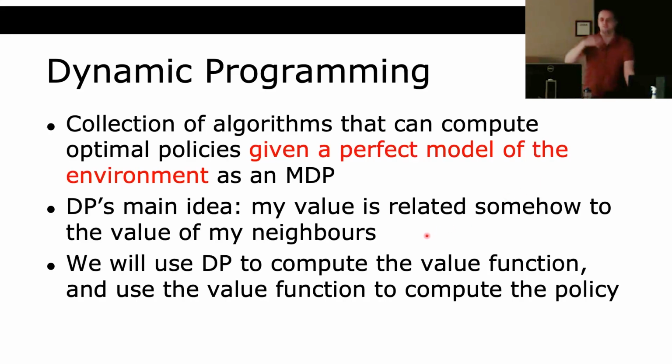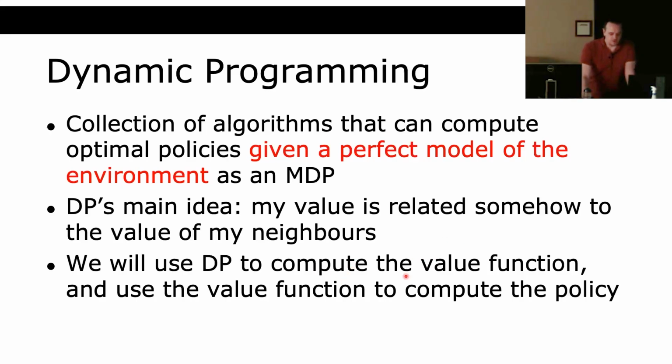And so the main thing when you're talking about dynamic programming is that my value at a given place is related somehow to the value of my neighbors, right? If I am in a given state and all the states surrounding me are literally on fire, it's probably not good to be at the state that I am at, right? Because it's probably also on fire.